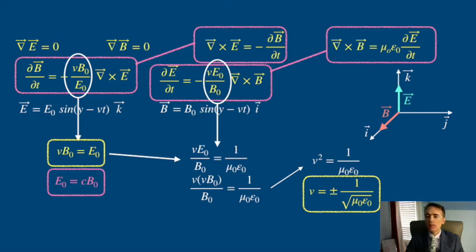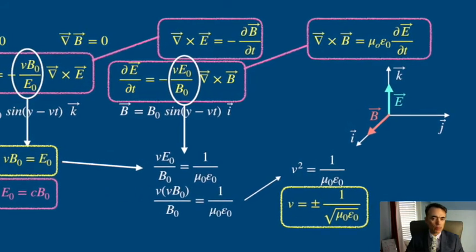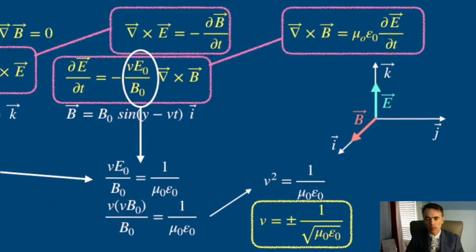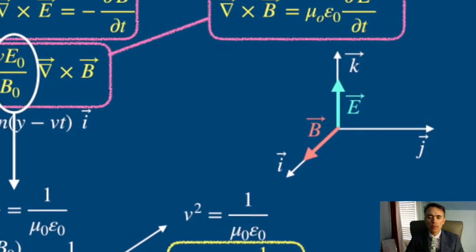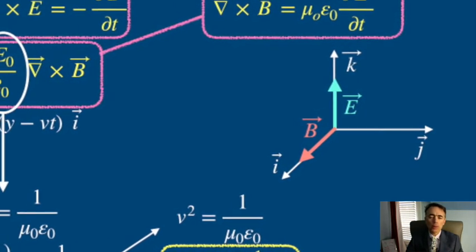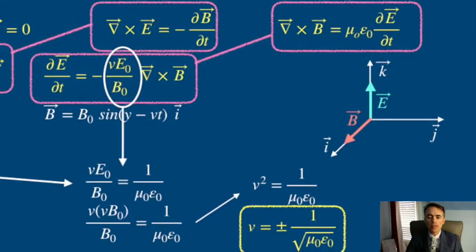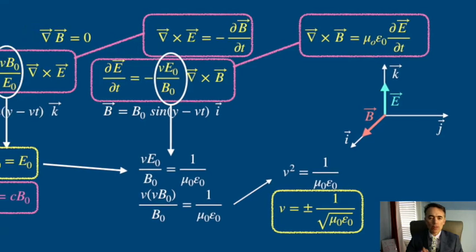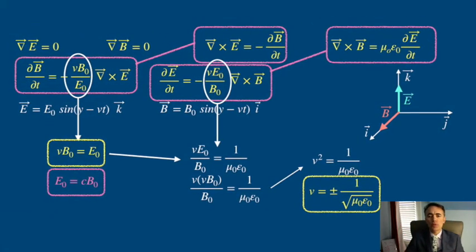Look, I have played with an electric wave moving in the y direction but pointing in the z direction, and also with a magnetic wave moving in the y direction but pointing in the x direction. So this electromagnetic wave is a transverse wave, which means that the oscillations are perpendicular to the direction of propagation.